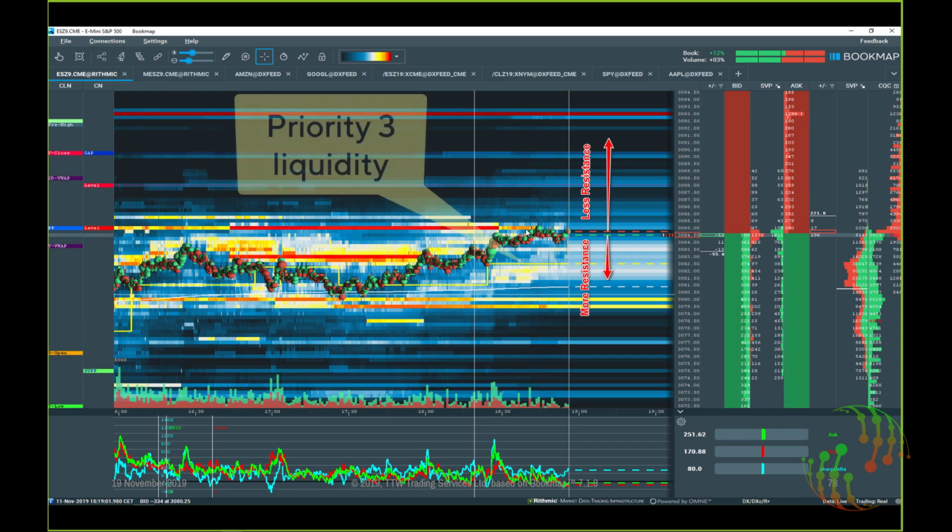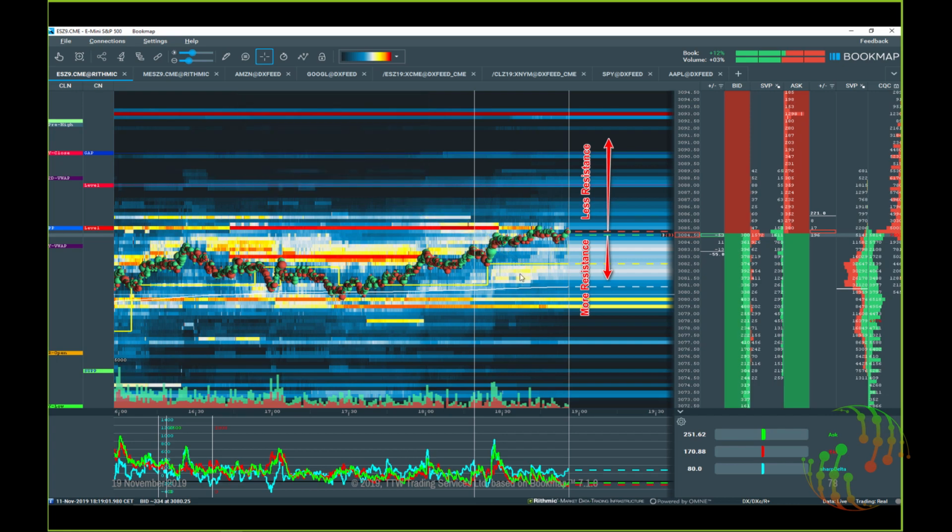The second priorities are the orange levels, and the third priorities are the white and the yellow levels. This depends really on if you have chosen this color scheme here, yellow red. So it doesn't matter, but you have the dark yellow, whatever you are using.